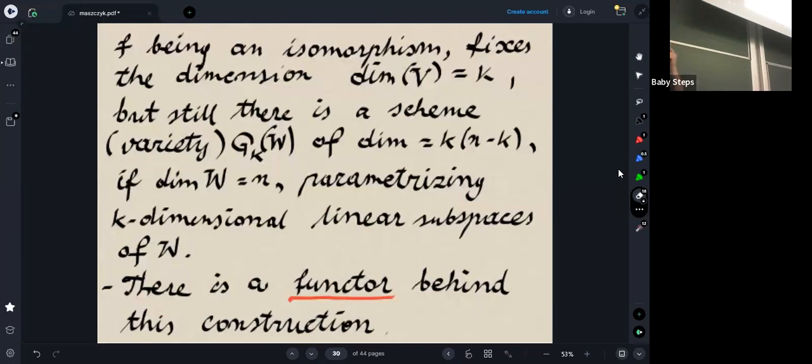And this quite big space parameterizes in a continuous way K-dimensional linear subspaces of W. So this makes this classification problem, even in such a simple situation, quite complicated. But this can be made easier if we understand that there is a functor behind this construction.